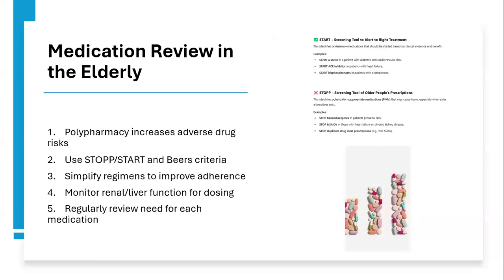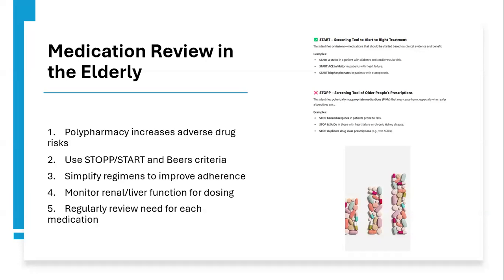In elderly patients, medication review is very, very vital because polypharmacy increases adverse drug reactions in patients, because their kidney functions and liver abilities are really deteriorating. So for that purpose, you can use criteria like the START criteria. START is a screening tool to alert to right treatment, where medications that should be started based on clinical evidence and benefit are decided using this tool.